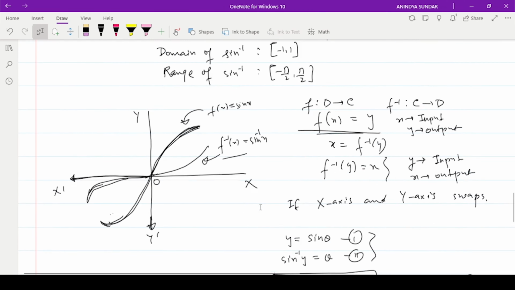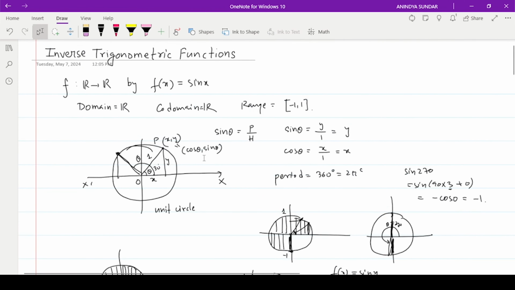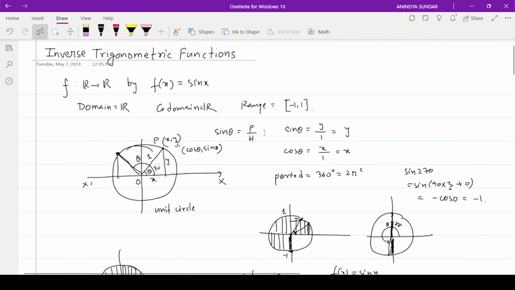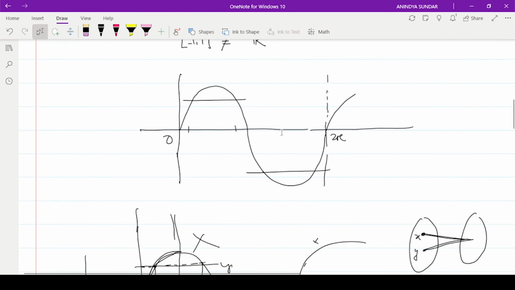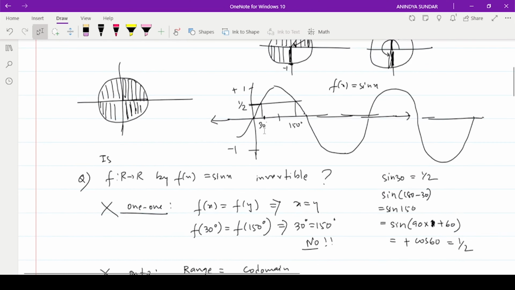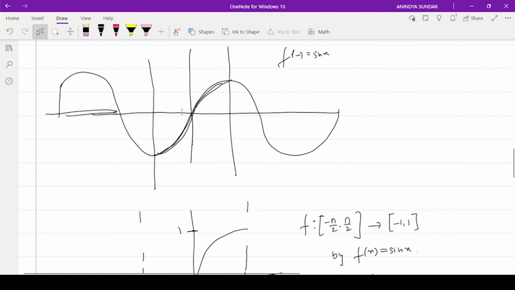Those will be very useful while solving some problems. So this is the end of our first part, getting the inverse of the sine function. We have understood that the domain and codomain change. To get the graph, I will simply change the x-axis and y-axis.